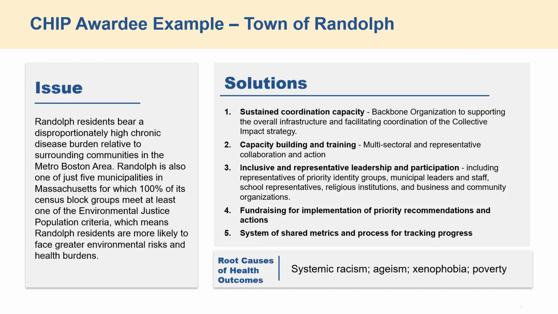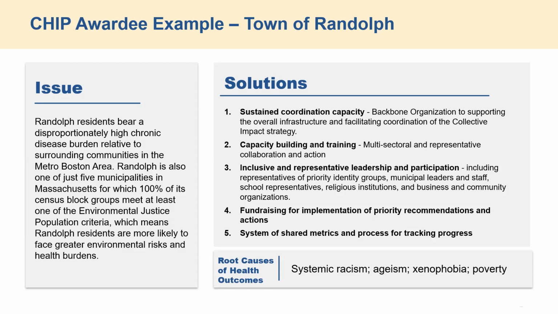As they moved along into their implementation phase, they were able to really prioritize the key data points, including having a work plan and strategies related to environmental justice, and ensuring that those partnerships exemplified that key strategy to implement within their work plan.